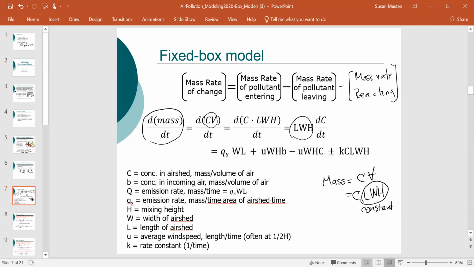It's now a constant, outside of my differential, and what I have is length, width, height, dC/dt is equal to, this is a source term, what is entering through the face, what's leaving out the opposite face, and what is reacting.